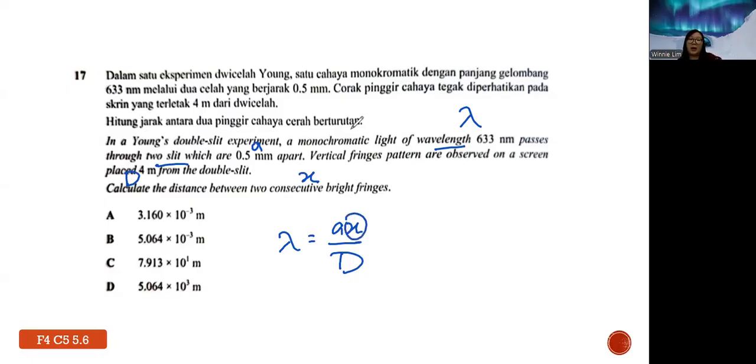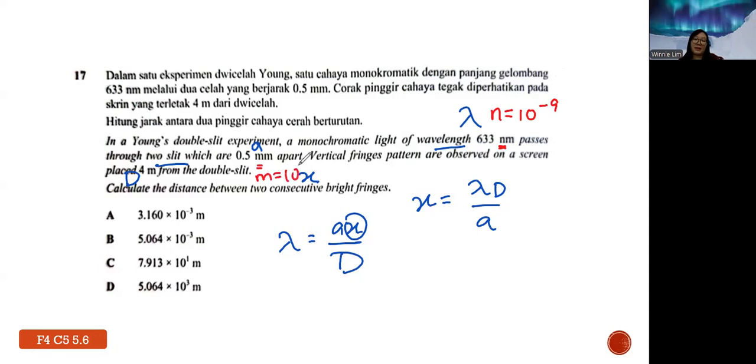We have all the values of the quantities, so we can calculate, but we rearrange the equation first, becoming x equals lambda D over a. Then before you substitute everything, make sure everything is in SI units. This one is nano, so you need to know the prefixes. Nano is 10 to the power of -9. Milli is what?